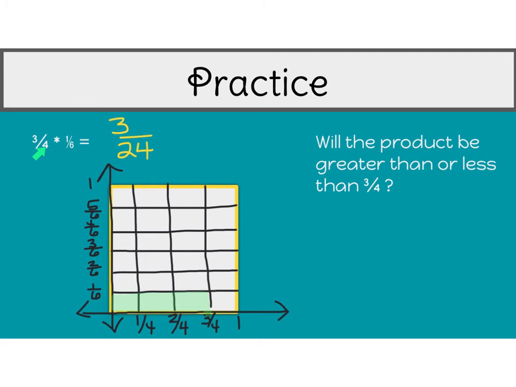Notice that the first factor has a denominator of 4, so I divided this into fourths, and then our second factor had a denominator of 6, so we divided this area into sixths, and then we went over to 3/4 and up to 1/6 and shaded in that section to show what our answer would be using an area model.